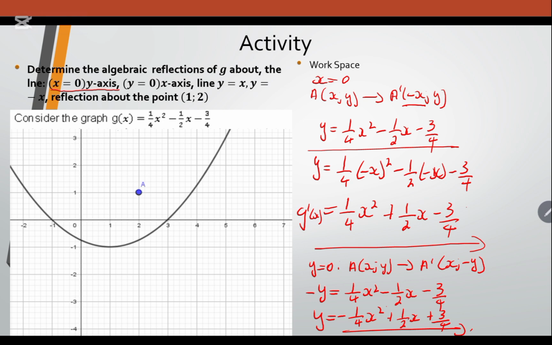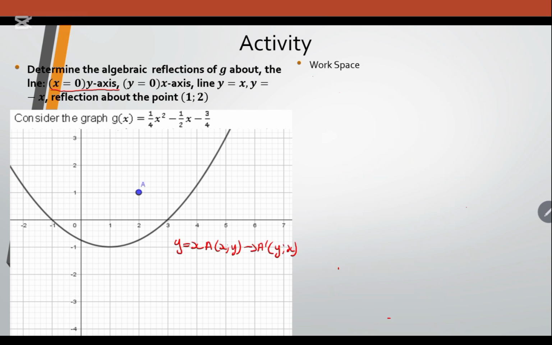Now, the reflection about the line y is equal to x. So about the line y is equal to x, we said that the coordinates just swap around. So our equation is y is equal to 1 over 4 x squared minus 1 over 2 x minus 3 over 4.